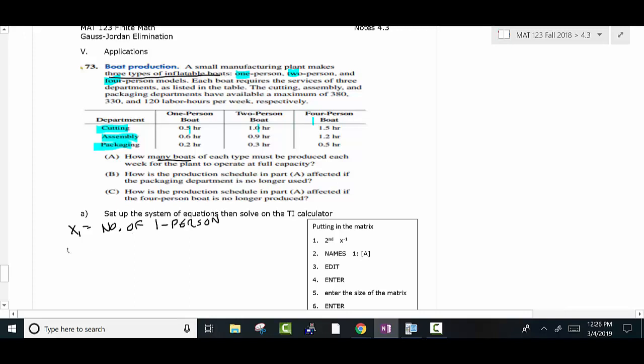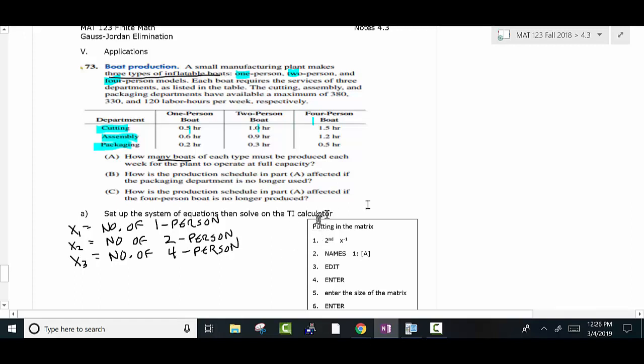I like to use x1, x2, x3. You could do x, y, z also if you wanted to. x2 is going to be the number of 2-person boats that are made. And then x3 is going to be the number of 4-person boats. And what we're going to do is we're going to have 3 equations and 3 unknowns on this.